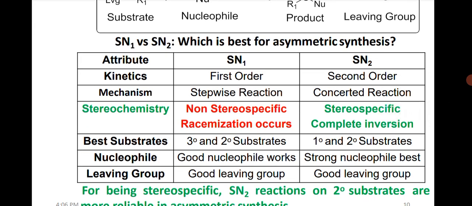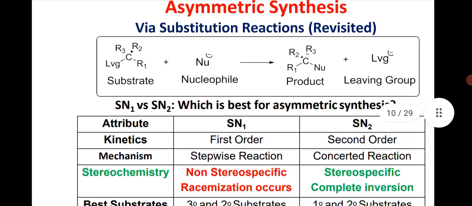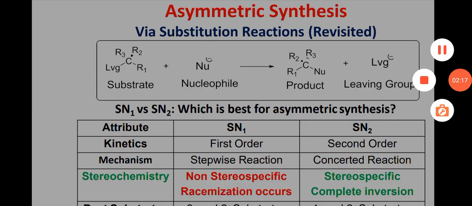So the first property is the order of reaction, that is kinetics. SN1 is a first order reaction and SN2 is a second order reaction. What does first order reaction mean?